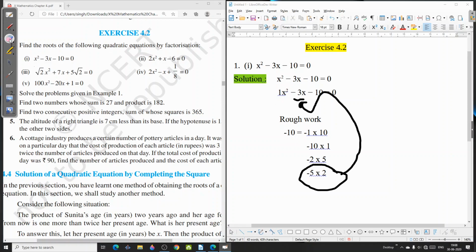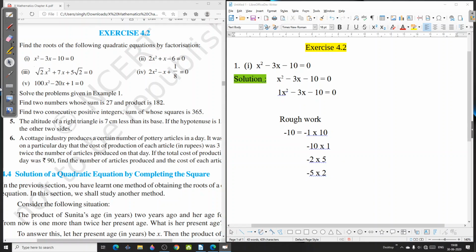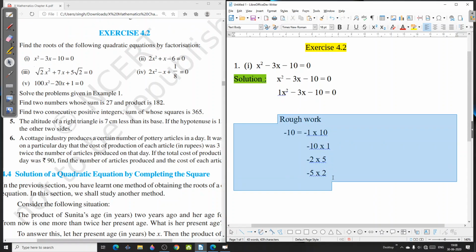So this is what we have got. Now we'll rewrite minus 3x as minus 5x plus 2x. So let us start writing that one. Before that, we'll delete this, because this is not a part of our solution.